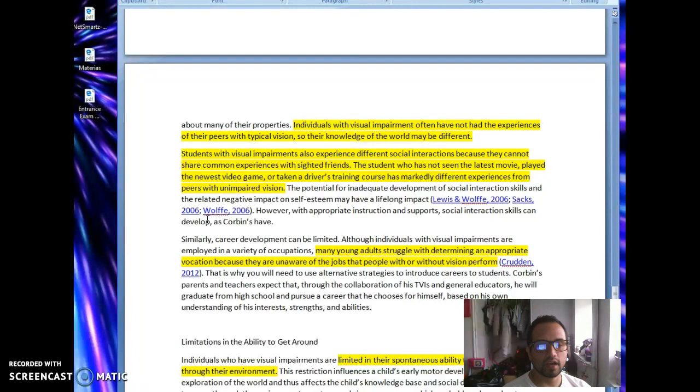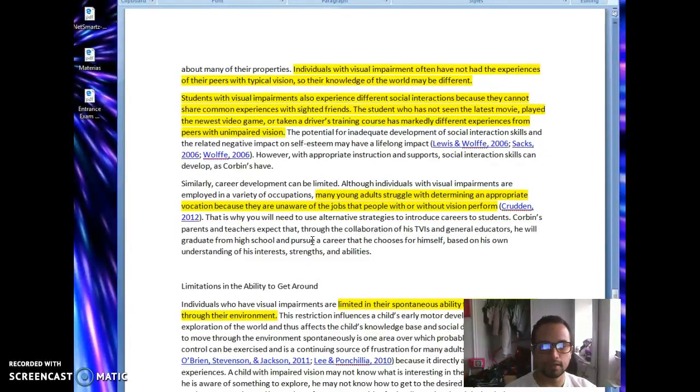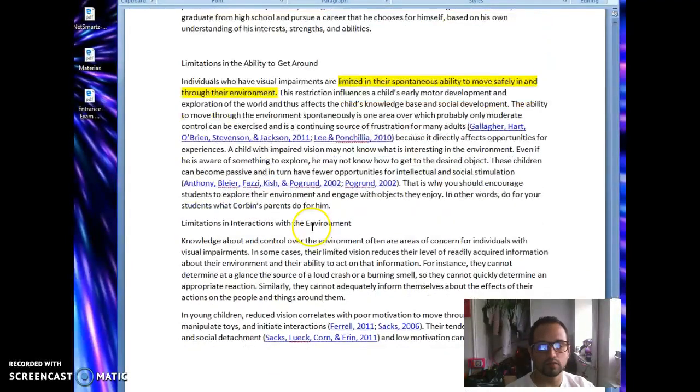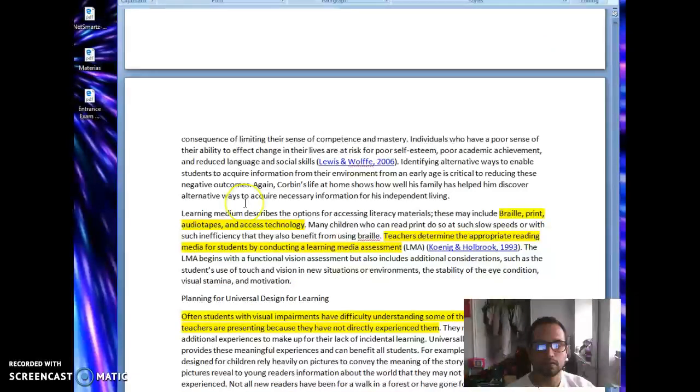So we do have to use other methods, and some of them are also the touch dots, if they know that type of language. So we'll have to help them in their mobility or how they get around the classroom as well.